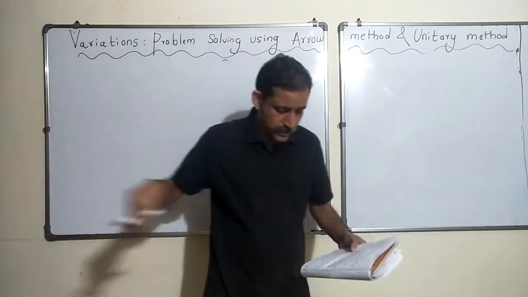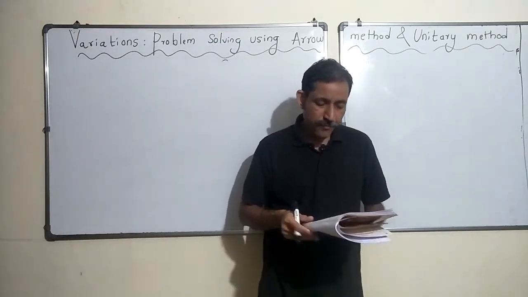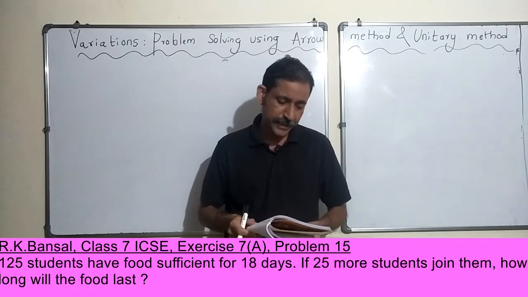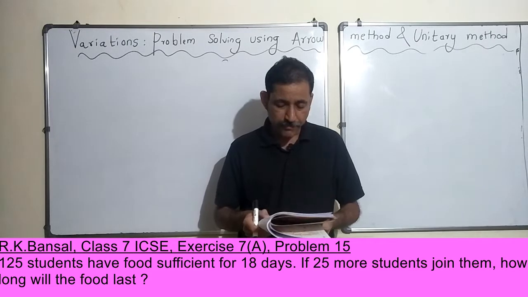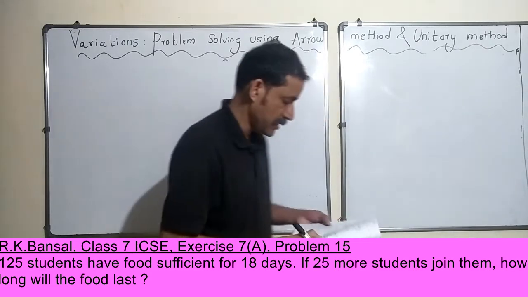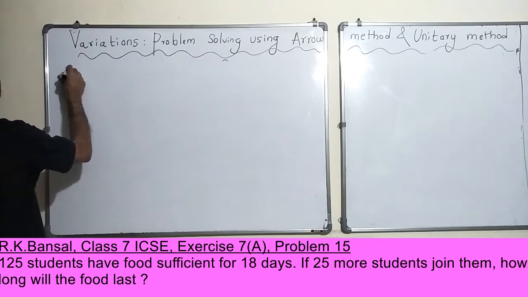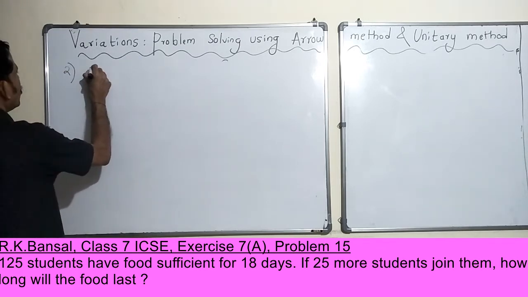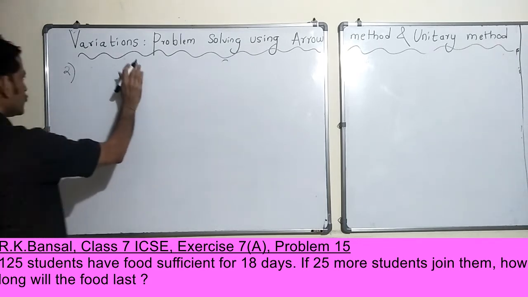125 students, you can see the problem listed here. 125 students have food sufficient for 18 days. If 24 more students join them, how long will the food last? Okay, so let us solve this using the arrow method.